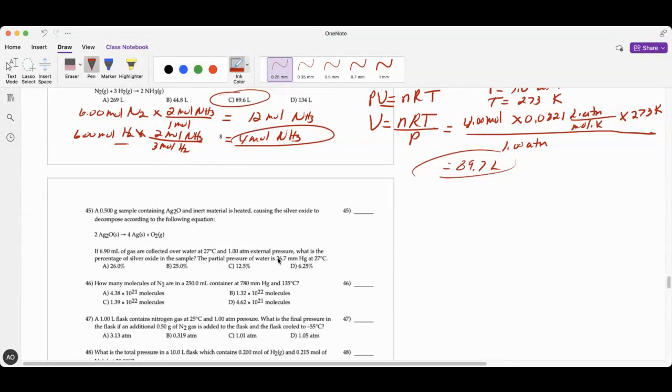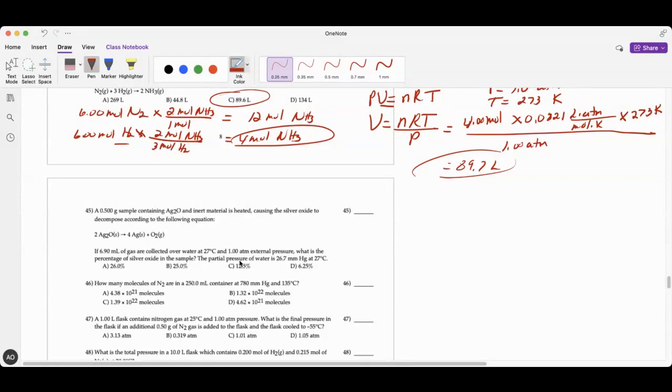So what you need to do for this one is subtract the partial pressure of the water from the 1 atmosphere. You'd have to convert it to atmospheres.